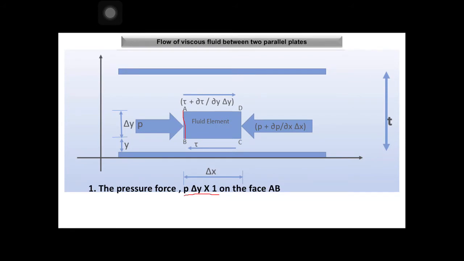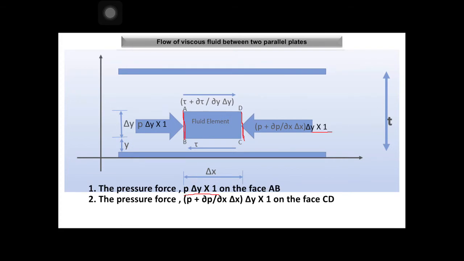Similarly, the pressure force acting on the face DC is P plus delta P by delta x into delta x, into the area. This entire pressure force is acting on this face DC.